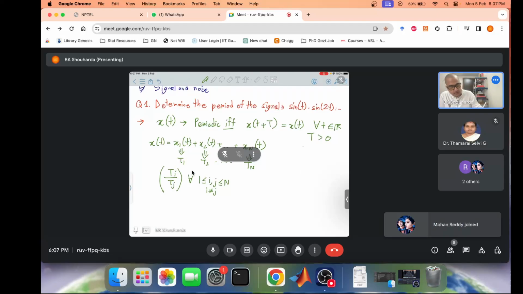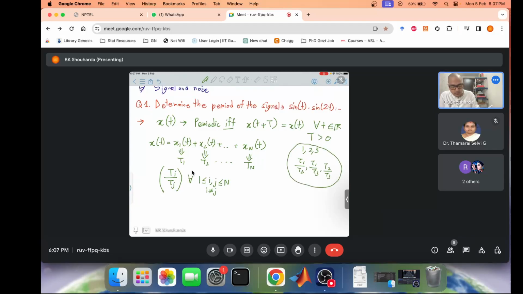That means, let's say I have T1, T2 and T3. I'll check T1 upon T2, T1 upon T3 and T2 upon T3. I should check all these ratios and see whether all of them are rational numbers or not.